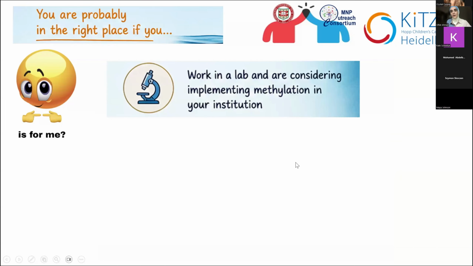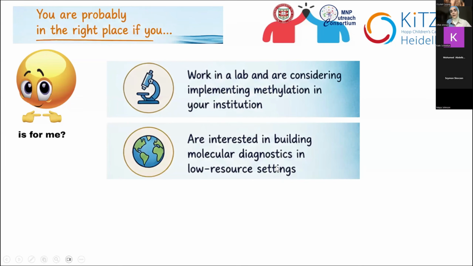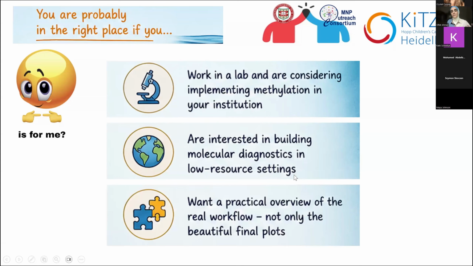Also, if you work in a lab and you're considering implementing methylation in your institution, especially if you are in a low resource setting and you want a practical overview of the real workflow behind the whole process.